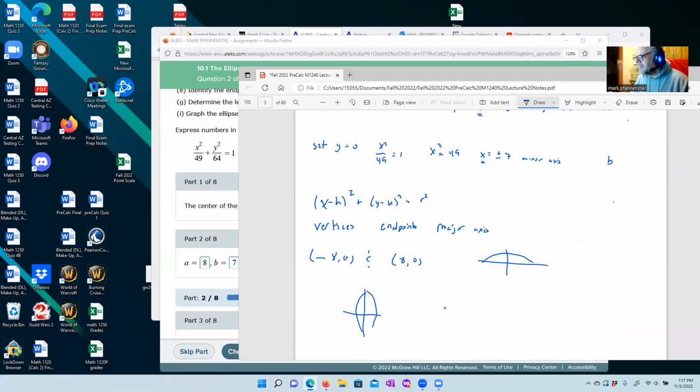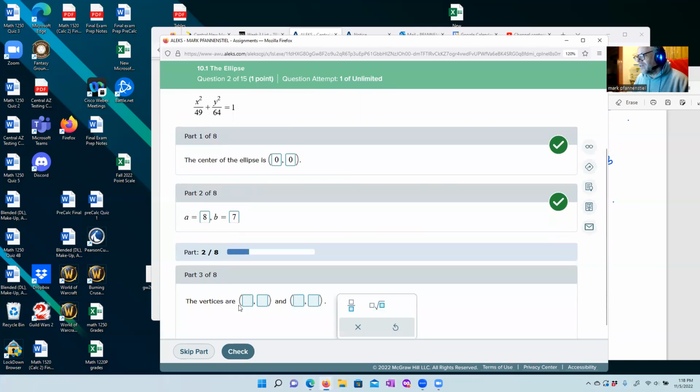So let me modify my answer here to be 0, -8 and 0, 8, with the 8 in the y coordinate. So those are the vertices of your major axis. Make sure they're in the right direction. I think that's the hardest thing about that.